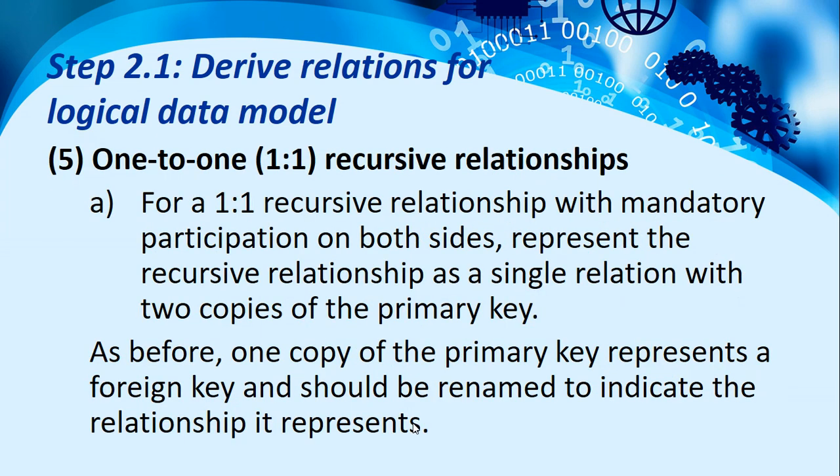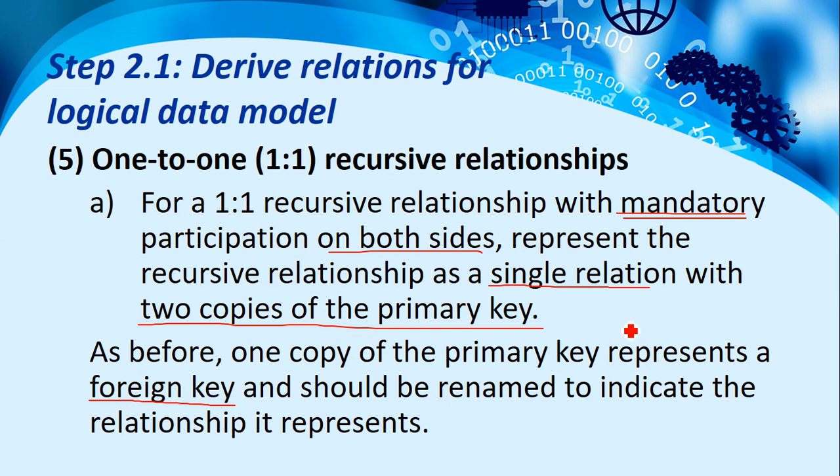Okay, so next we'll proceed with the fifth, which is one-to-one recursive relationships. So for a one-to-one recursive relationship with mandatory participation on both sides, take note, this is mandatory on both sides, we represent the recursive relationship as a single relation. And we will have two copies of the primary key, kasi yung isang copy ng primary key, magiging foreign key siya.